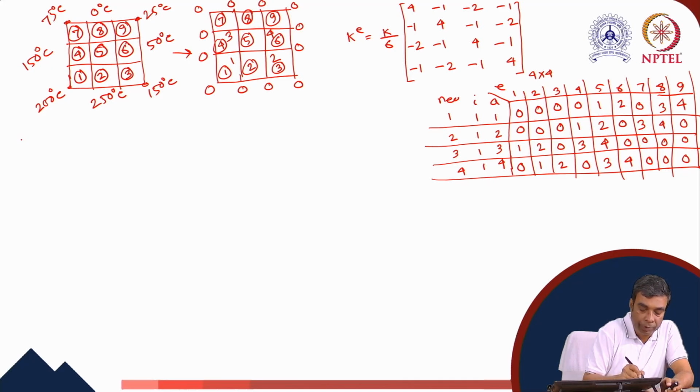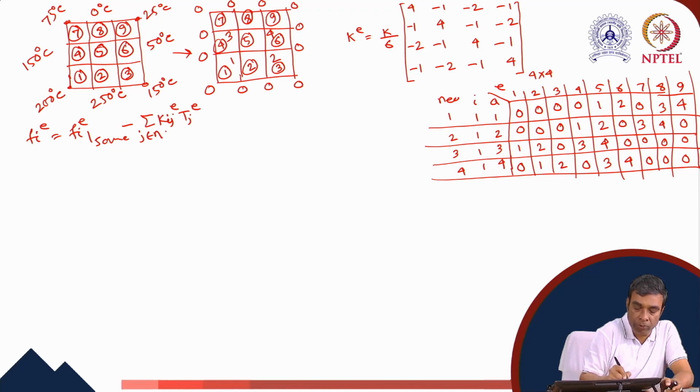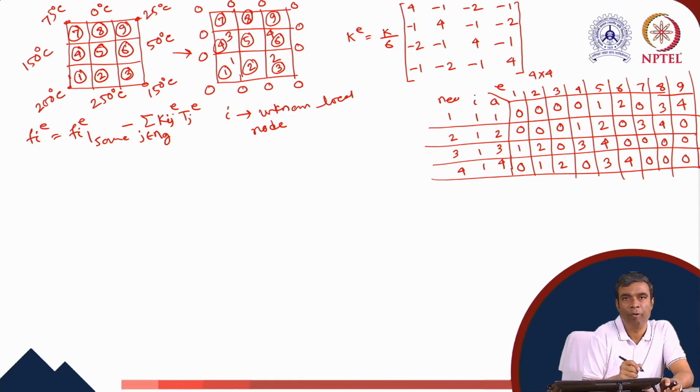Now, the contribution from the EBC is given as F_I^E equals F source minus summation of K_IJ^E T_J^E, where J belongs to eta G, and I is the unknown local node. Now let us consider the contribution from the first equation.